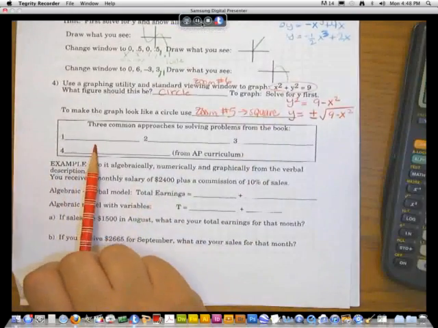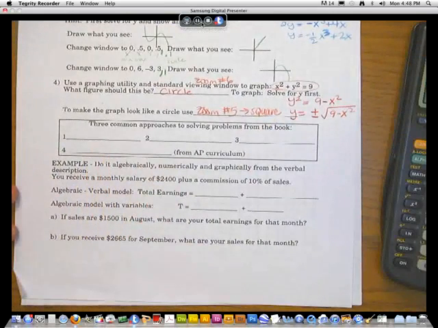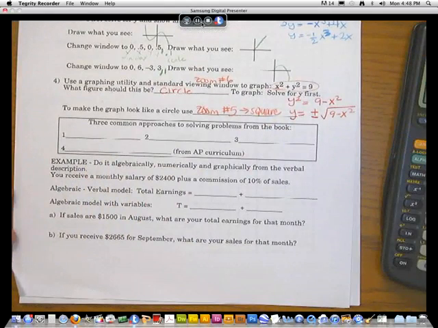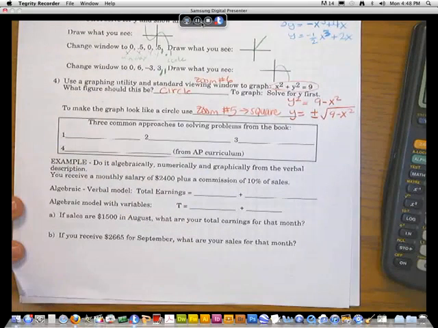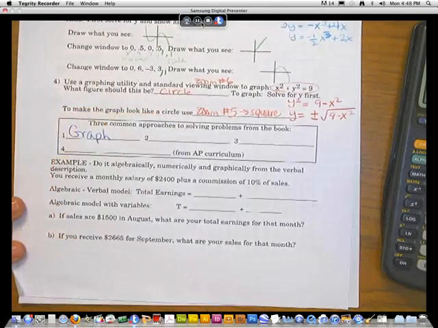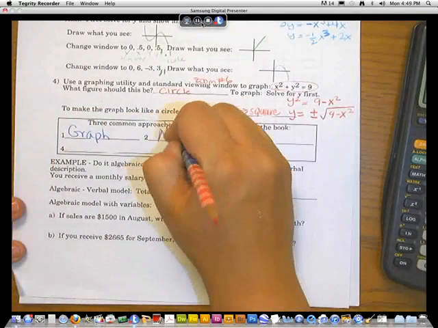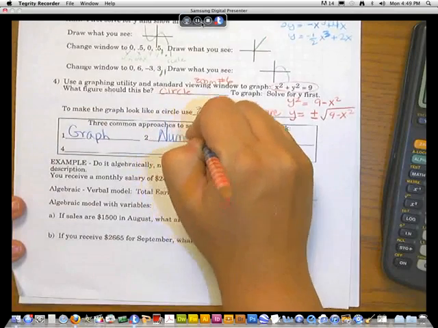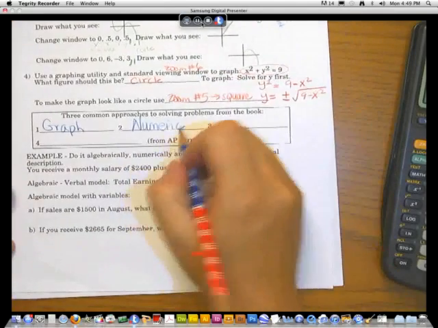Alright, for these three common approaches to solving the problems we've already talked about, it's going to be the most important thing that we do in all of our pieces, and that's our GNAW process. We need to be able to graph. We need to be able to do numeric, which is our t-tables.